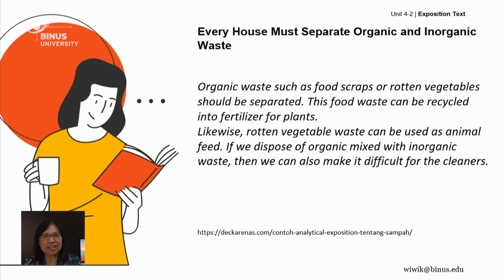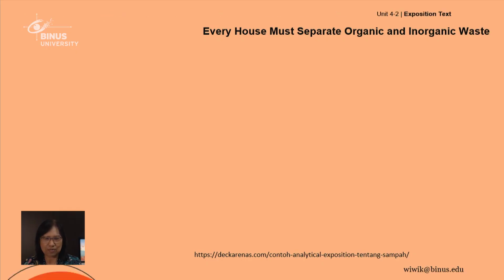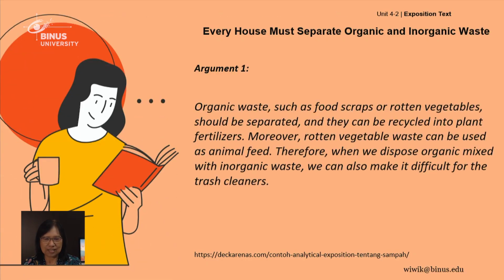Okay, so I agree with you. The first one may be the word likewise. Okay. How about this one? So this is the first argument. Again, we combine the first and the second sentence. Organic waste, such as food scraps or rotten vegetables, should be separated, and they can be recycled into plant fertilizers.